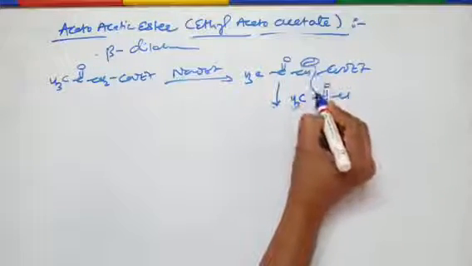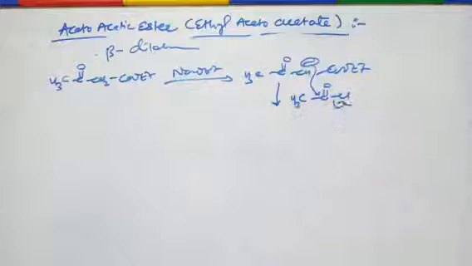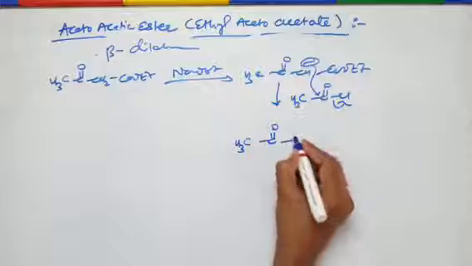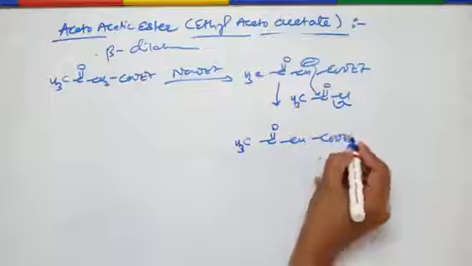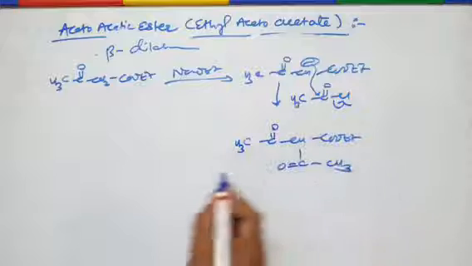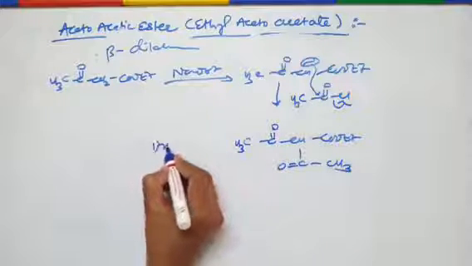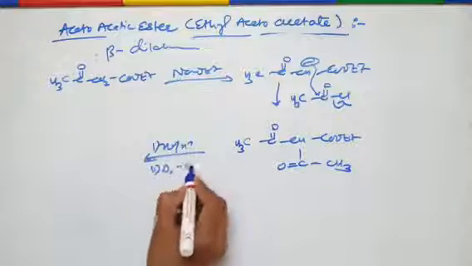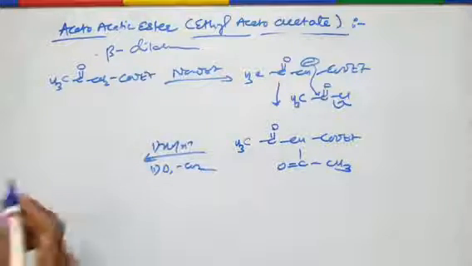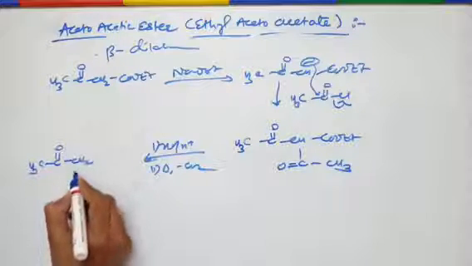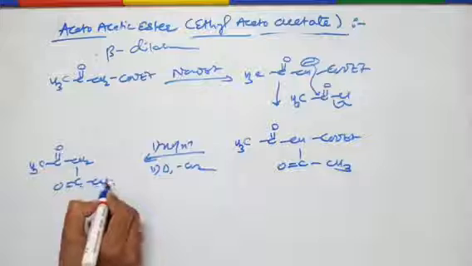This carbanion is going to attack on this carbon, chlorine leaves, and you get the product, that is CHCOOEt C double bond O CH3. Now the last steps, hydrolysis and decarboxylation, and you get the product, that is CH3 C double bond O CH2 C double bond O CH3.